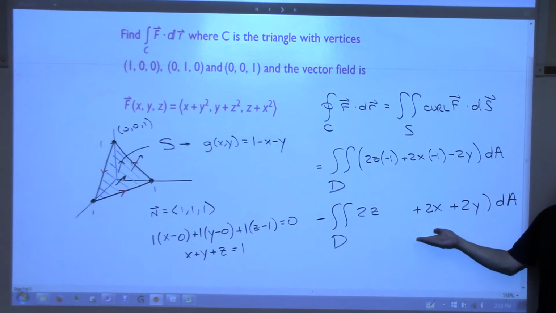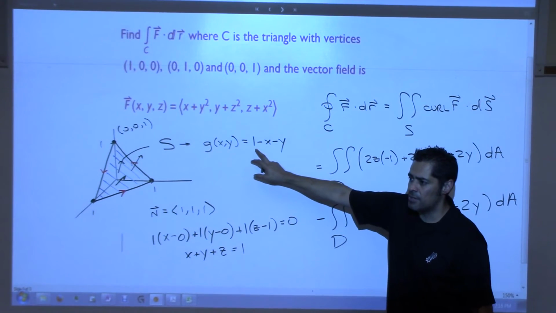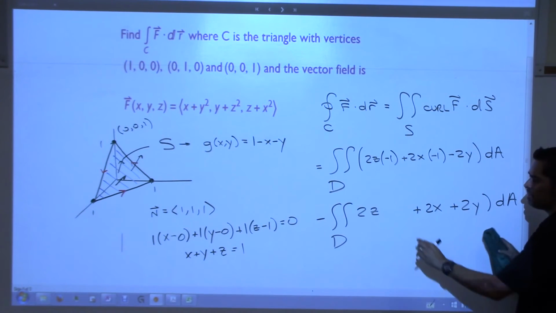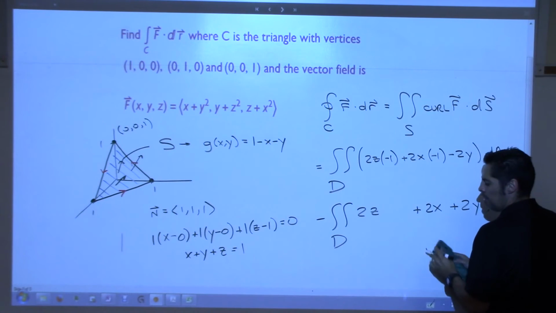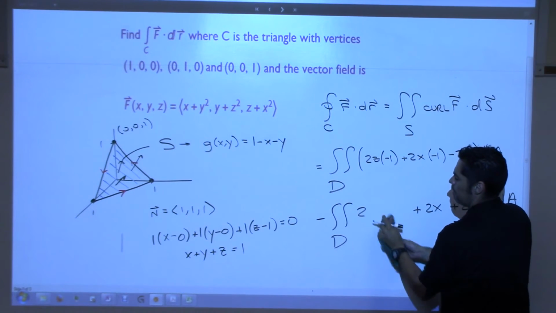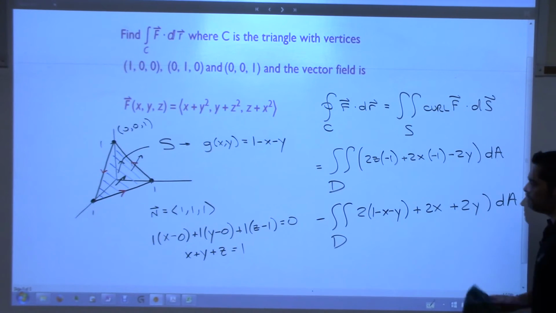This integral can only have what variables in it? X and y, because I switched, right? That's what z is in this special case. So I want to replace this z with 1 minus x minus y. Please do that substitution, and something real nice is about to happen.